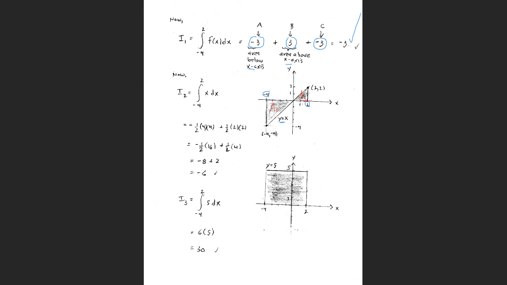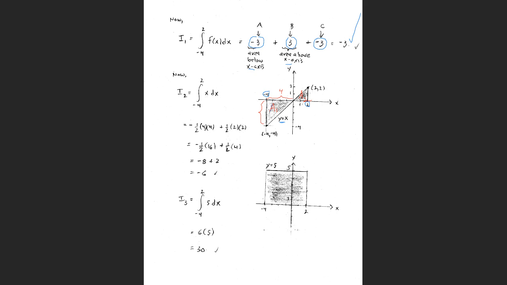The A1 area is negative, and the area of a triangle is 1/2 base times height. So for the A1 area, the base is 4, and the height is 4.